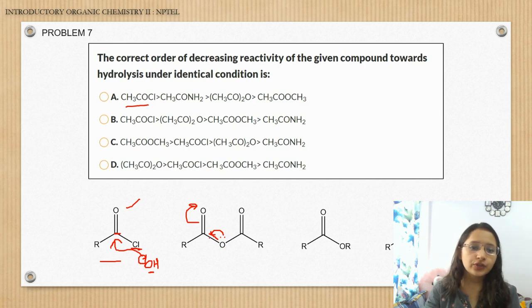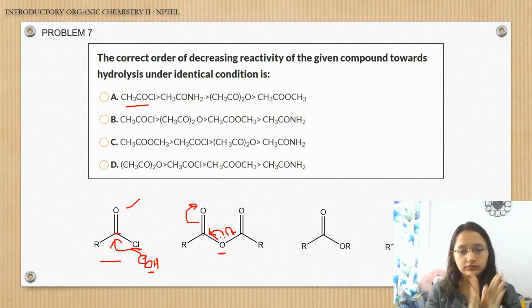So now it is not that electrophilic in nature due to conjugation, because this oxygen has the tendency to conjugate with both of these carbonyls. So the electron density is diverted to both the carbonyls. So there is much less chance that both of the carbonyls are getting polarized simultaneously.